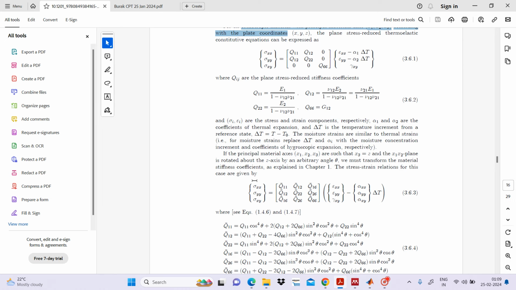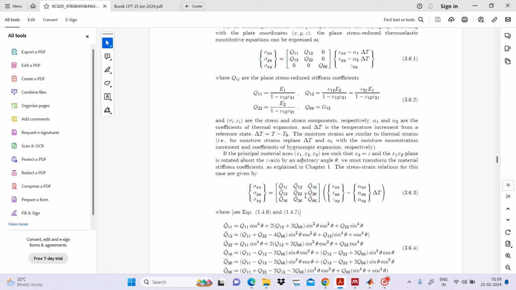Then sigma xx, sigma yy, and sigma xy can be transformed to the plate axes, because it is not necessary that the material axis and the plate axis coincide. It may be at an arbitrary angle theta.